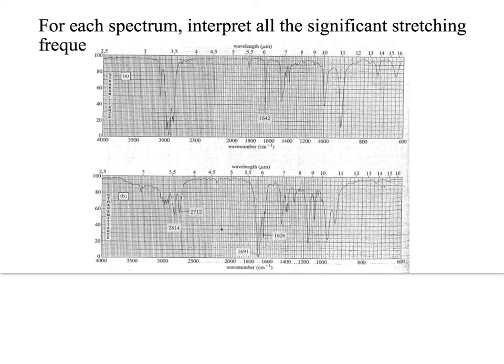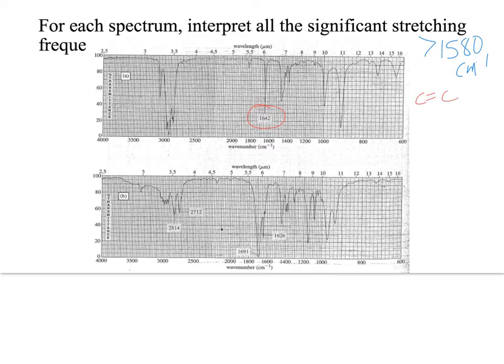Okay, so for each spectra, interpret all the significant stretching frequencies above, this is not showing you that, but it's above 1580 reciprocal centimeters. Okay, so the first one is this 1642, and this would be an alkene.